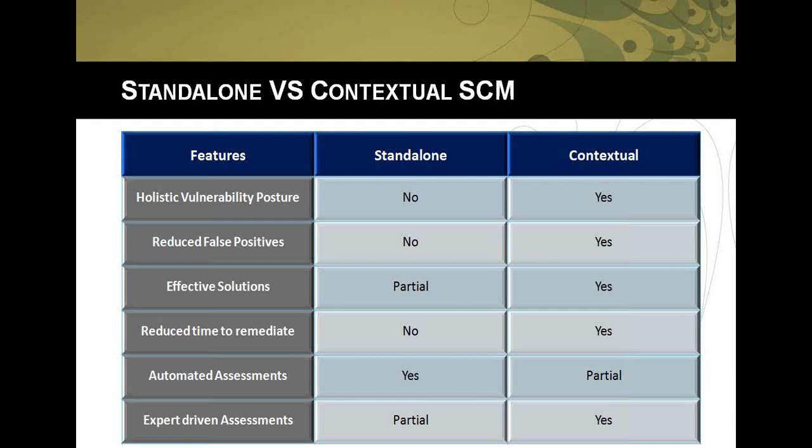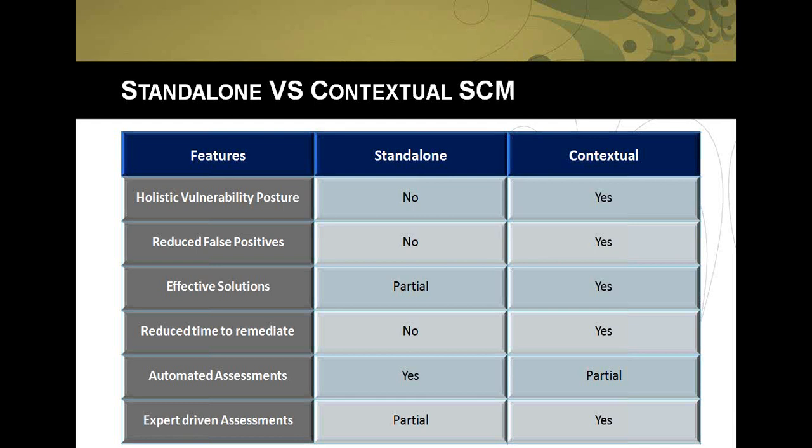Solutions provided in a contextual assessment are more effective as compared to standalone assessment. Now, consider a scenario in which, due to some business requirement or some constraints, SNMP version 3 cannot be implemented to mitigate vulnerabilities associated with SNMP v3, which is the current version of SNMP in your network.